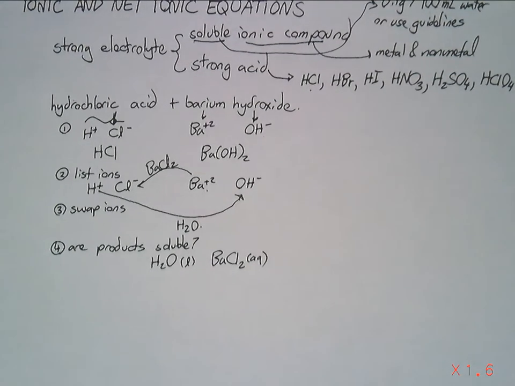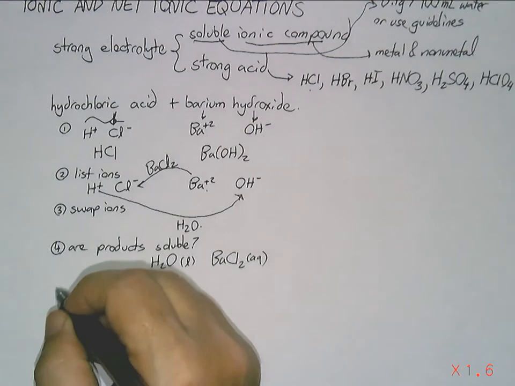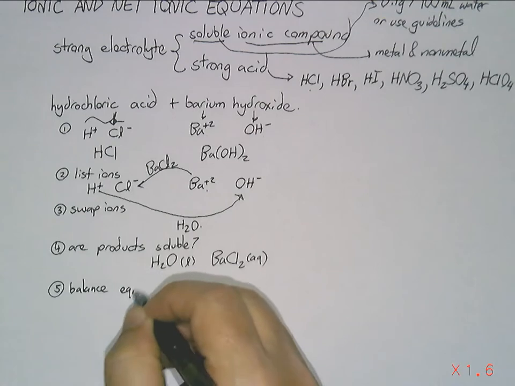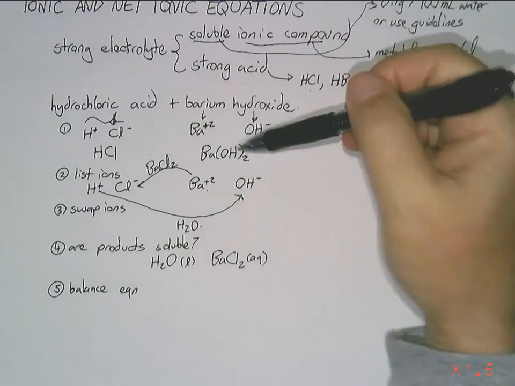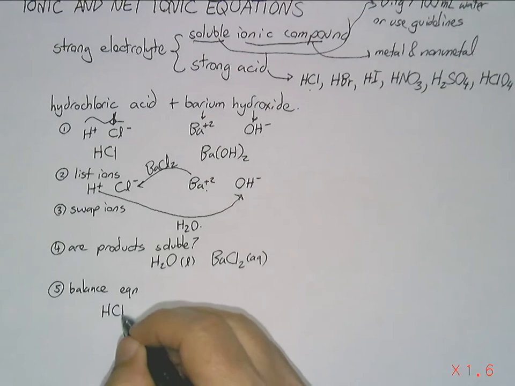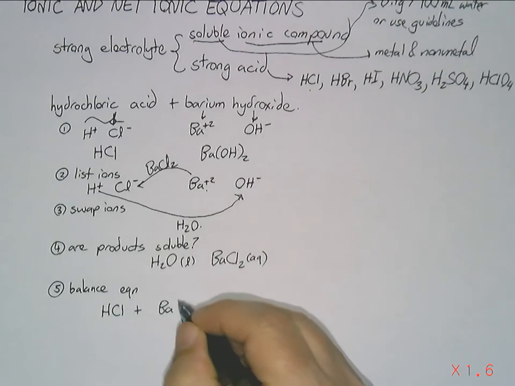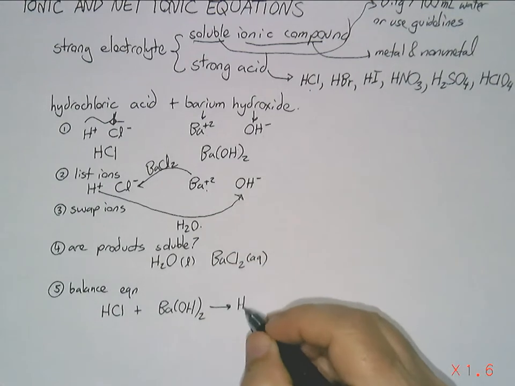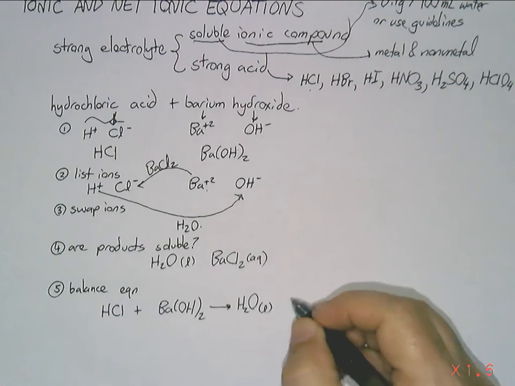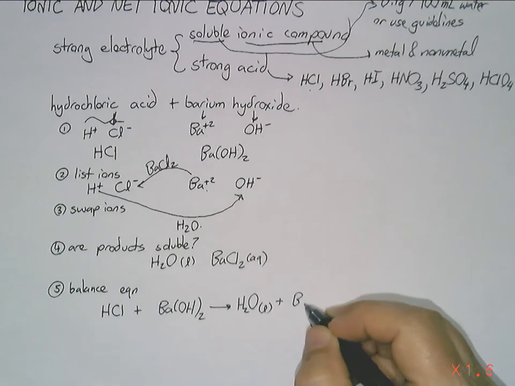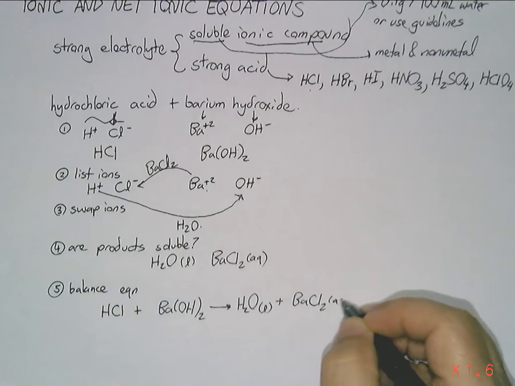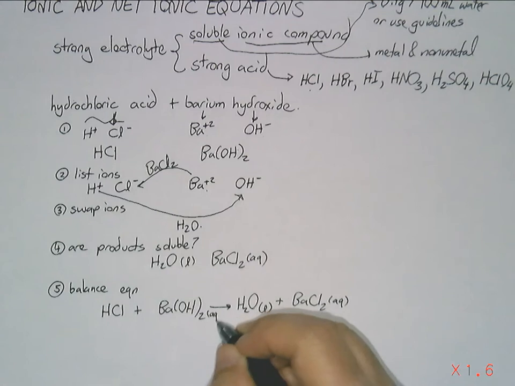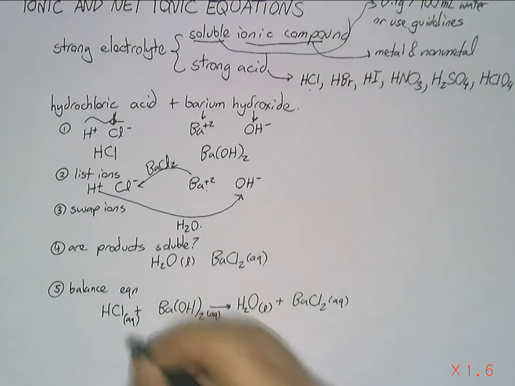All right. Now, I'm going to write the balanced equation. Okay, well, what do I have? These are the reactants, so let me write those down. And these are the products. Now, this one is soluble, and this one is soluble too.